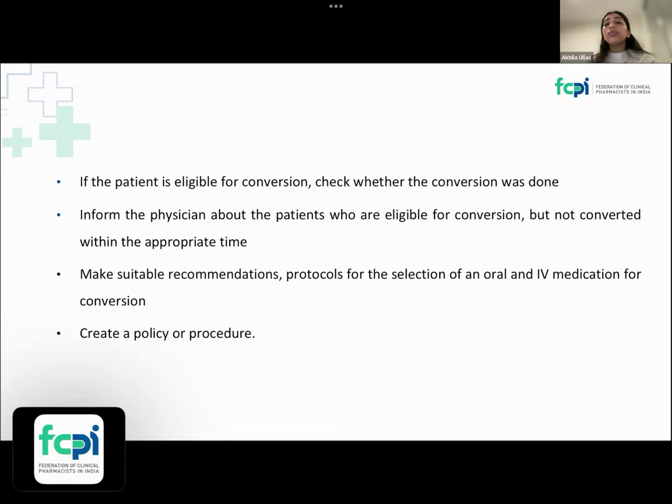So you need to prepare some recommendations or protocols as per your hospital rules. You need to have protocols for IV and oral medication conversion switching, and create a policy or procedure for this conversion that you can make with your clinicians or your departments. So this will be helpful while you are switching.